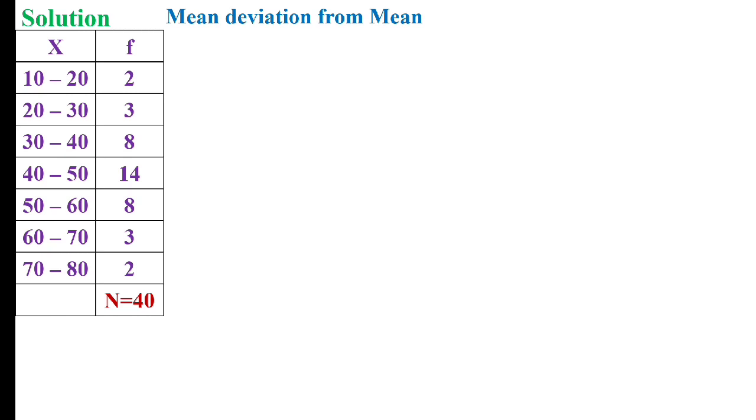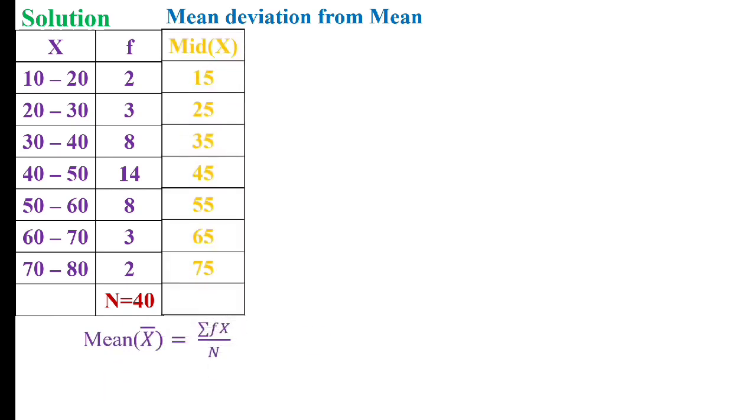We know the mean formula is summation fx divided by n. So we need to find the middle value as x, because x must be a fixed value. Lower limit plus upper limit of the class interval divided by 2 gives the mid value.